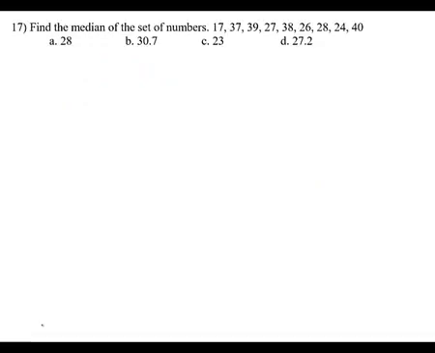All right, now we're back into what we've been doing the past few days. So the median, what do I have to do first for median? Put them in order, okay. So what number am I going to start with? Looks like 17. Okay, what's next? Looks like 24, okay. And then what? Good. And then what? 27.